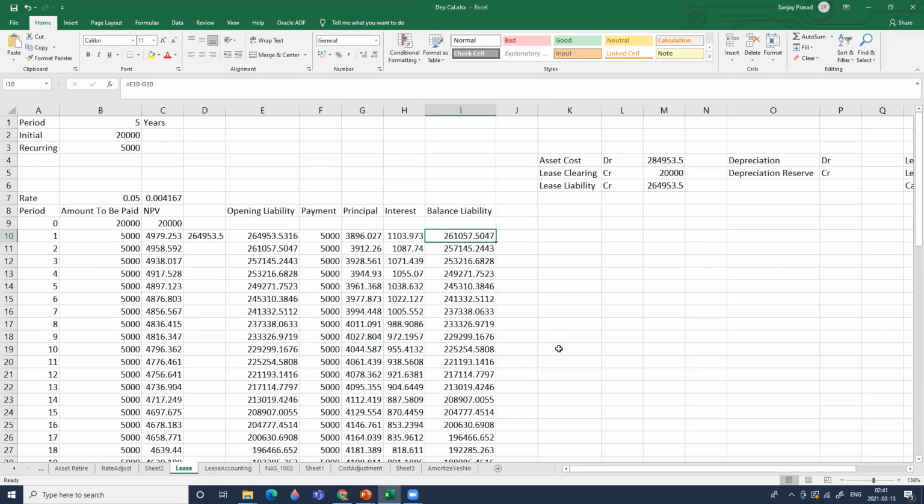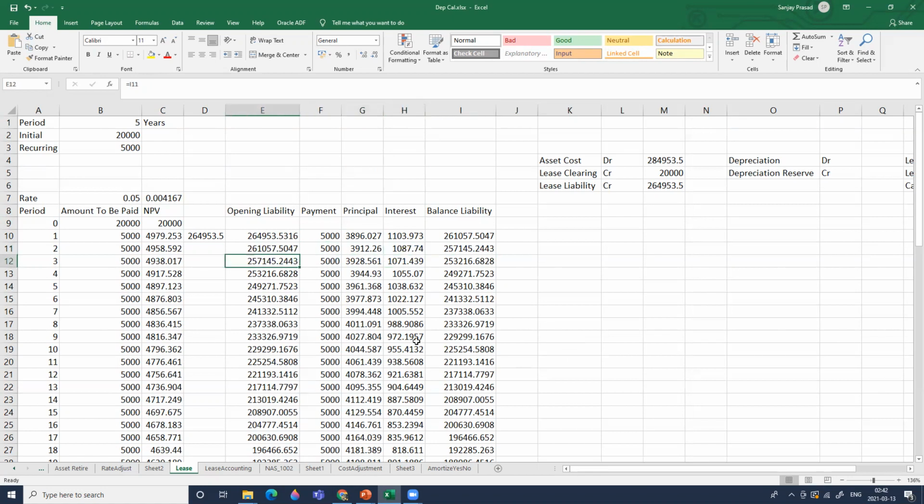Now this closing liability of the first month will become the opening liability for the second month. In the second month again, for this opening liability, we are going to calculate the interest component, which will be this into this, and the rest will be the principal component. My balance liability will be this minus this at the end of the second month, and this will become the opening liability for the third.